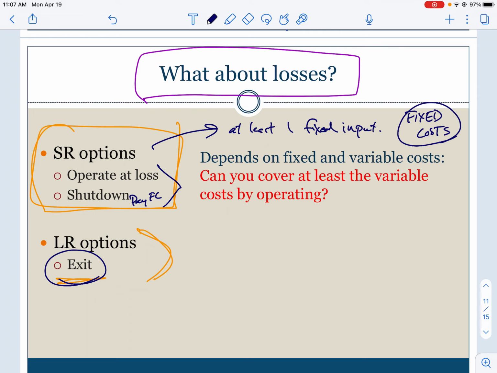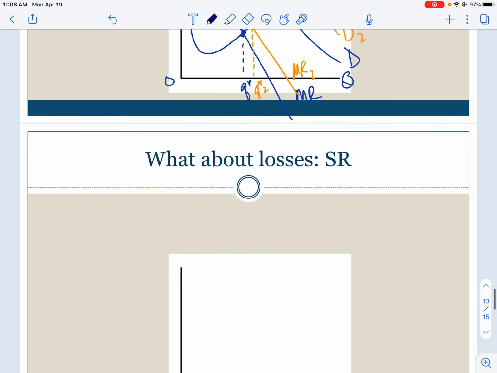Or should you operate at a loss and suffer the operating loss? And of course the question is, well, which one is smaller? I'd rather not lose money, and if I have to, I want to lose as little as possible. So which is smaller, my operating loss or my fixed costs? And just like with perfect competition, it comes down to a question of, can you at least cover the variable costs by operating? So that's the question that we have to address.